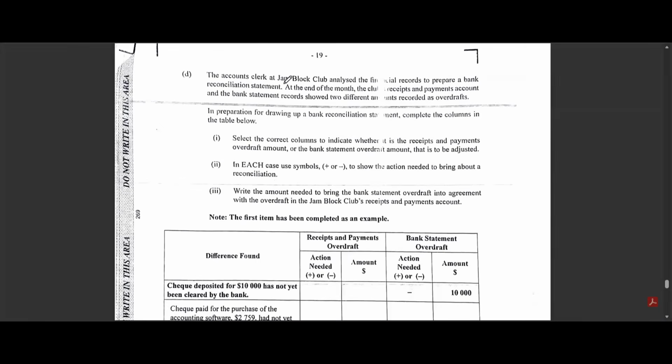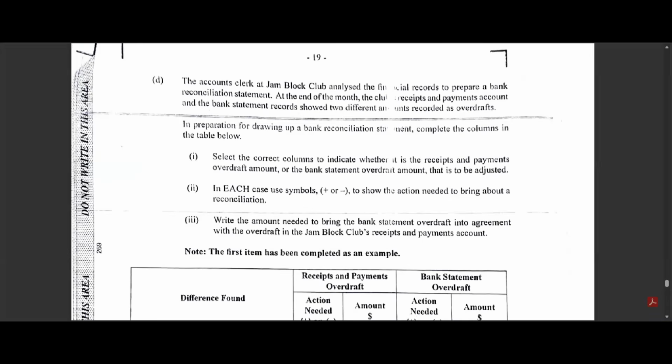Let's have a look. The accounts clerk at Jam Block Club analyzed the financial records to prepare a bank reconciliation statement. At the end of the month, the receipts and payments account and the bank statement records showed two different amounts recorded as overdrafts. In preparing for drawing up a bank reconciliation statement, complete the columns in the table below. Select the correct column to indicate whether the receipts and payments overdraft amount or the bank statement overdraft amount will be adjusted.